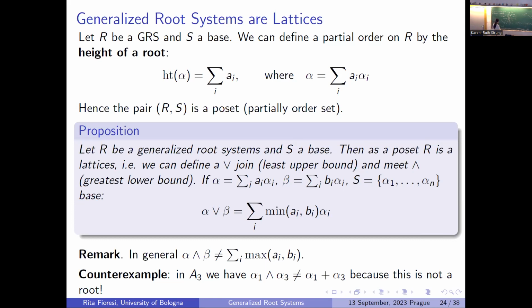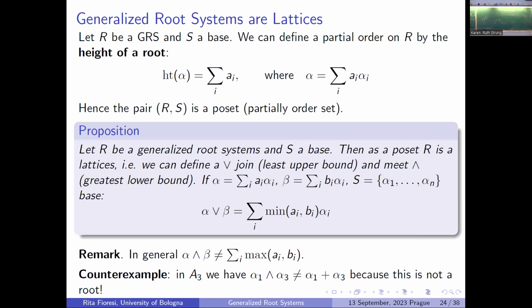So for example, here for A2, the poset is you have alpha, and you have beta, and then you have alpha plus beta. It is a very boring poset, right? The height is 1 here, and then the height is 2, 1 plus 1, right? And the more complicated it is, the more. Now, it turns out that this is a lattice. So you have a join and you have a meet.